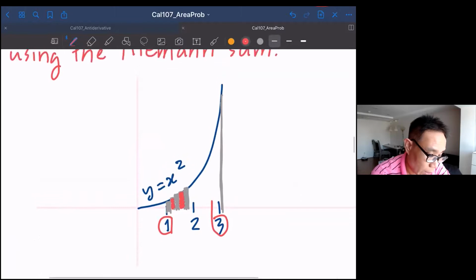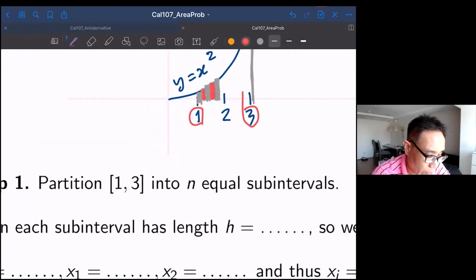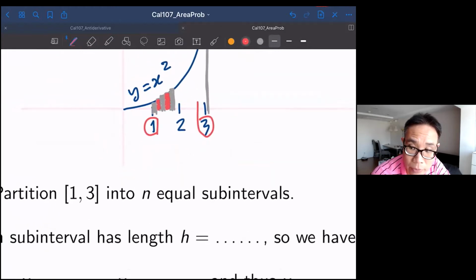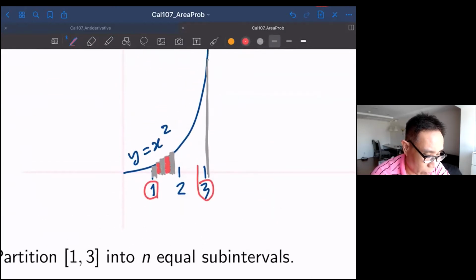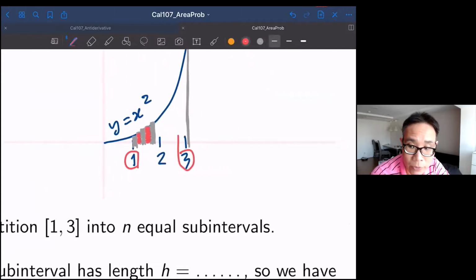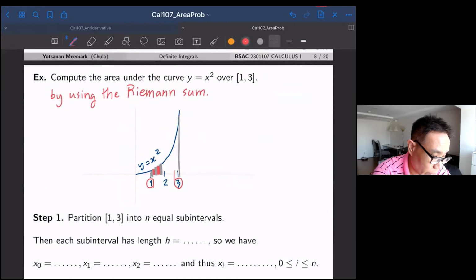We're going to partition the interval [1, 3] into n equal subintervals. How would we do that?